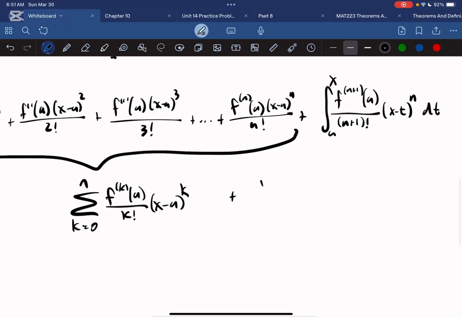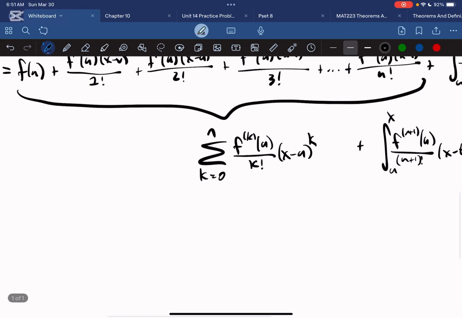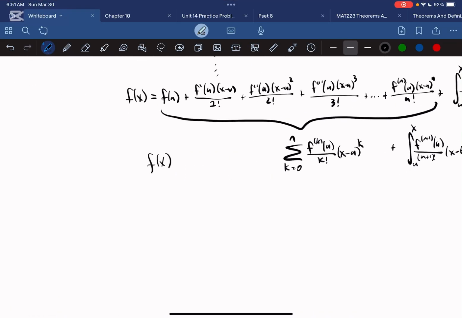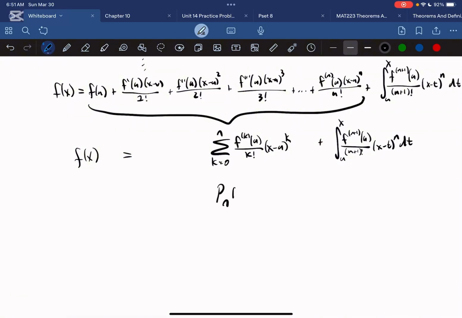And now we have this term. Right? And this is all equal to f at x. So this is our Pn of x. And we see that this ends up being the remainder, actually.